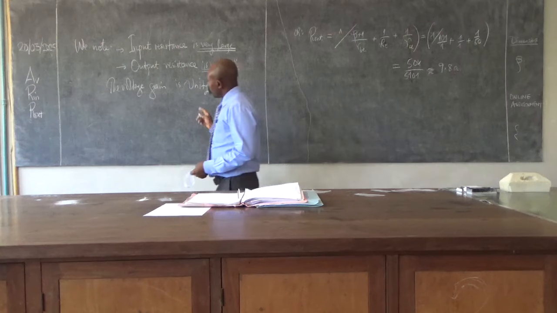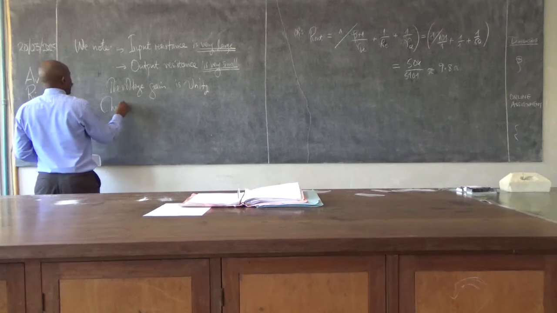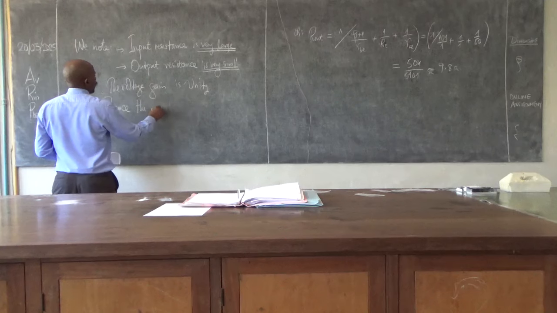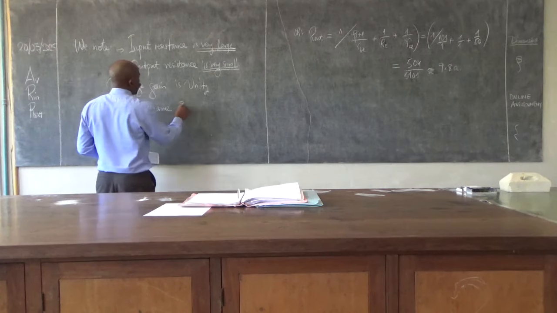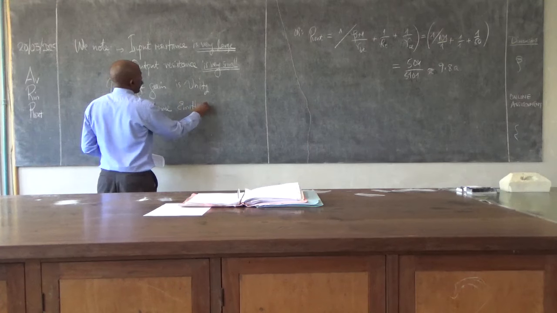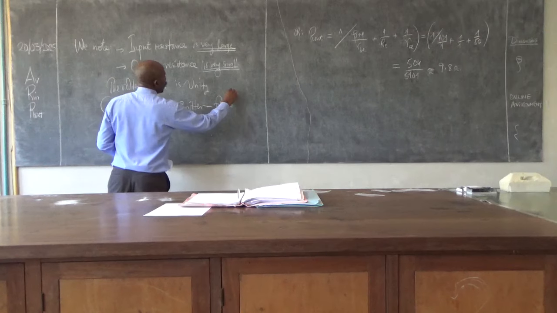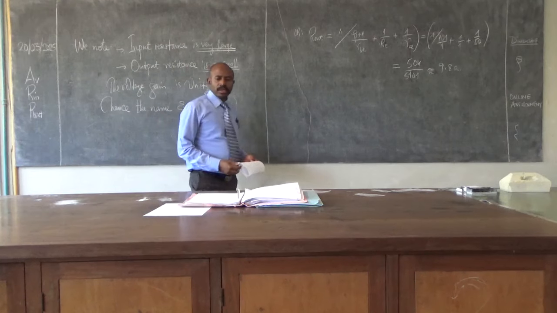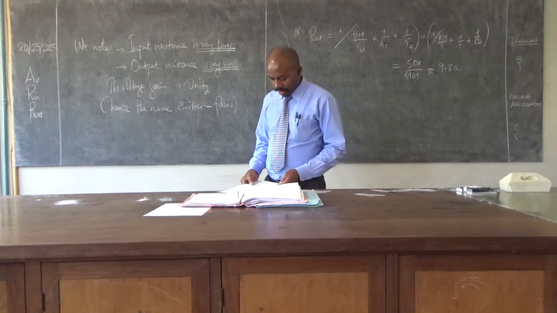And in this case, that's why we call it, hence the name, emitter follower. That's why we call this common collector amplifier. That's why we call it the emitter follower.